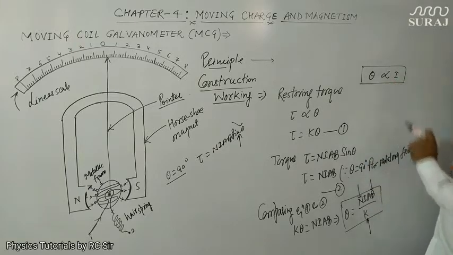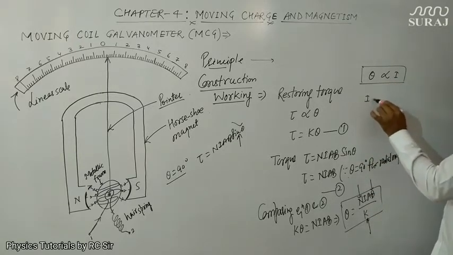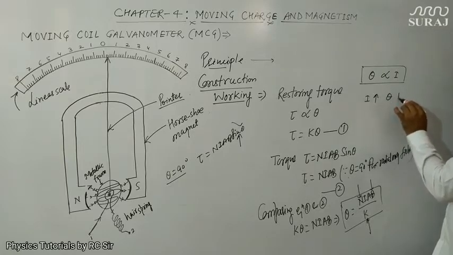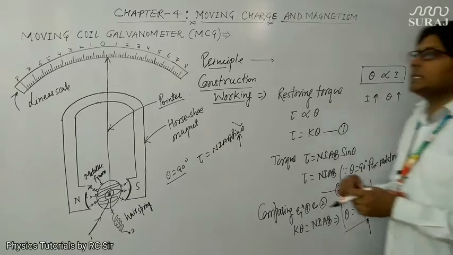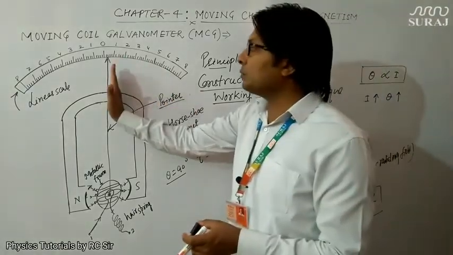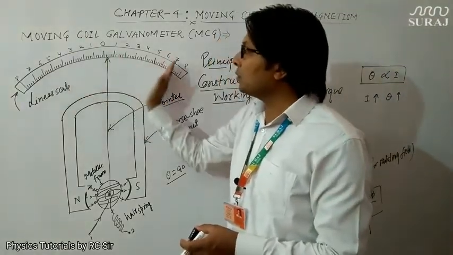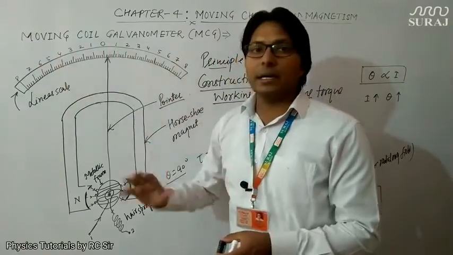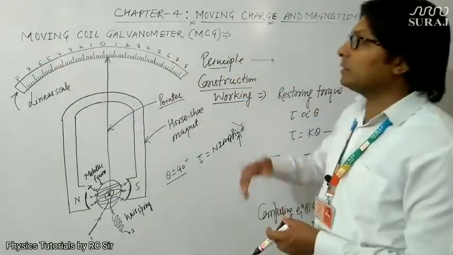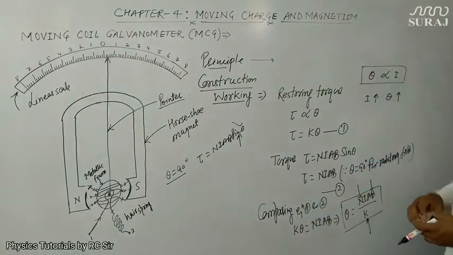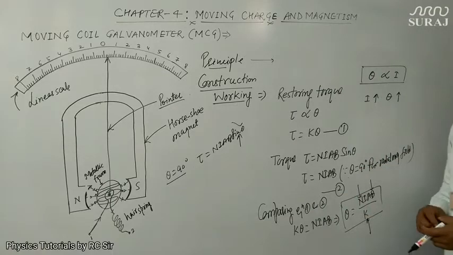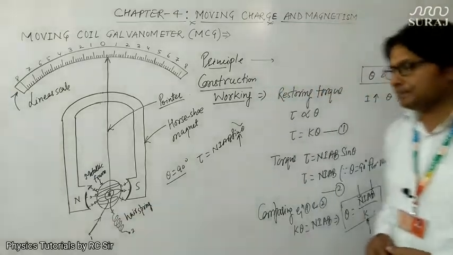So theta is directly proportional to I. If I increase the value of I, then the deflection will also increase, and if deflection increases, then definitely the pointer will give greater readings. So this is how this moving coil galvanometer measures the current flowing through its coil.